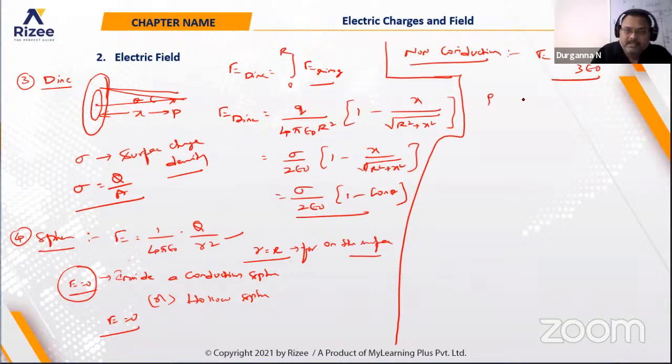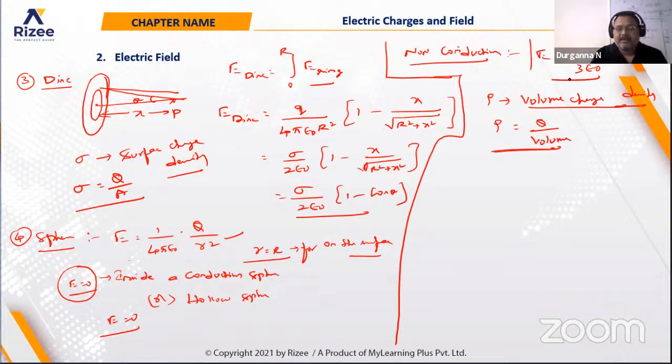The rho is called the volume charge density. Got it? So rho is equal to total charge by volume here.